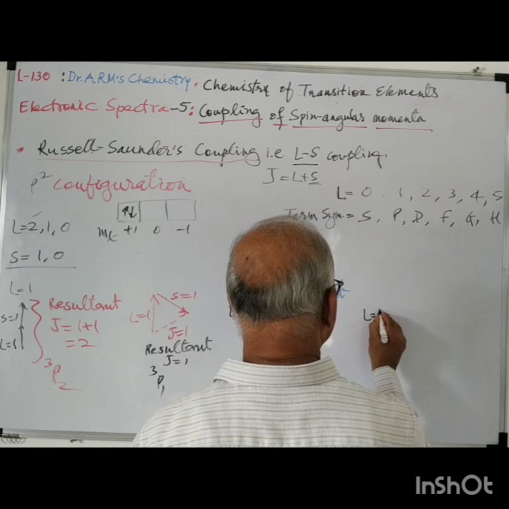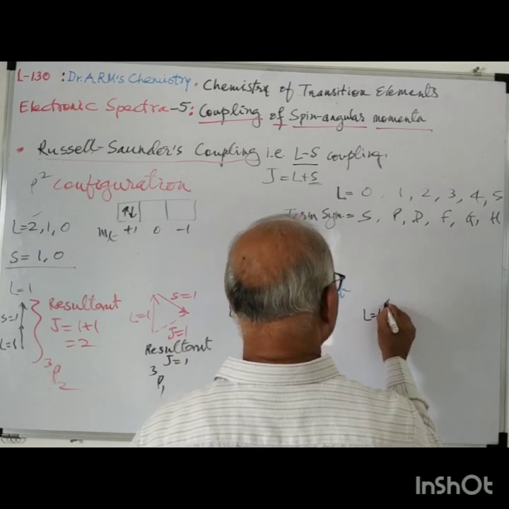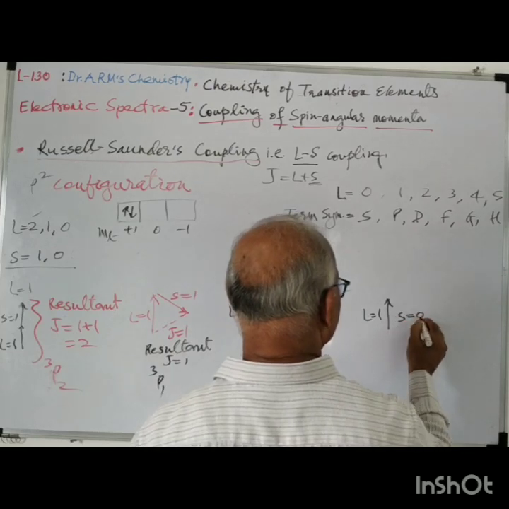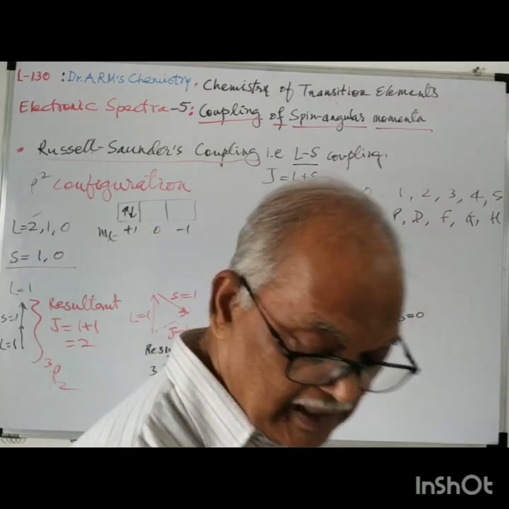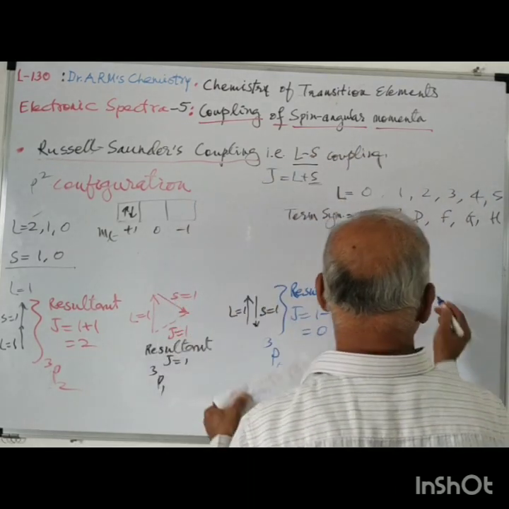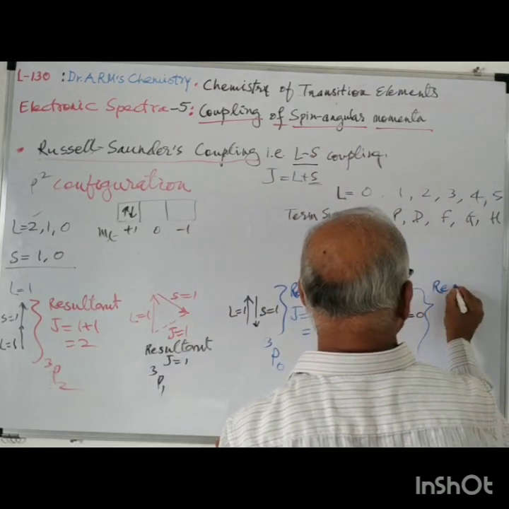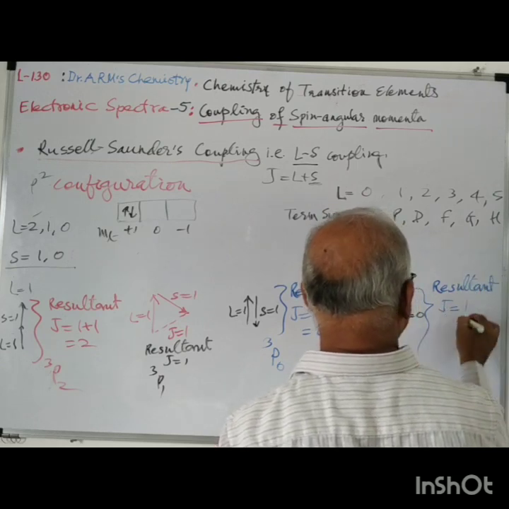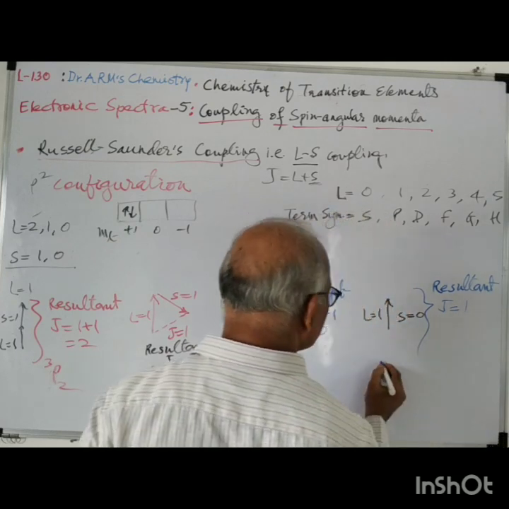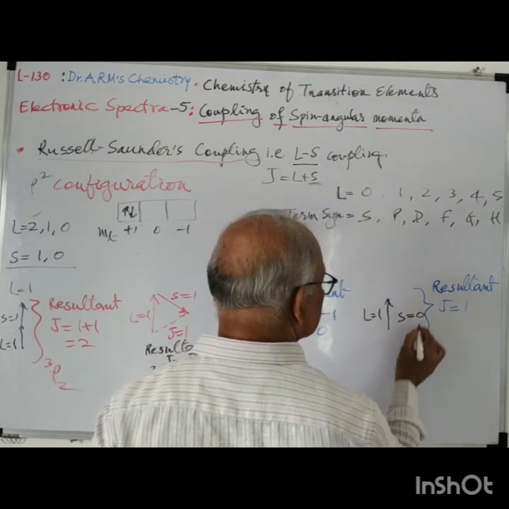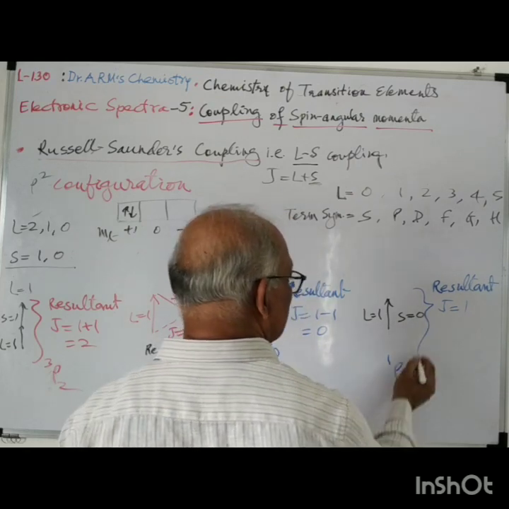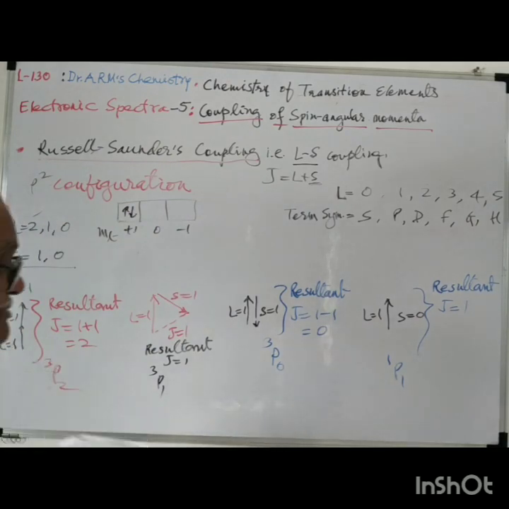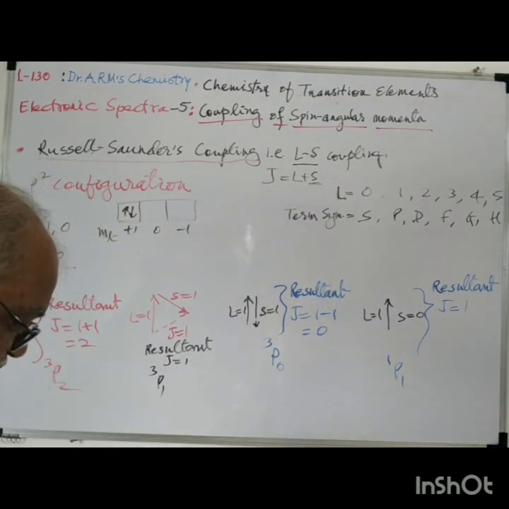Then L is equal to 1 and there is no S, that is S is equal to 0. And for this, the resultant is J is equal to 1, and therefore the term symbol is the same P, but spin is 0, so it gives singlet, and J is 1, so the term symbol is 1P1.